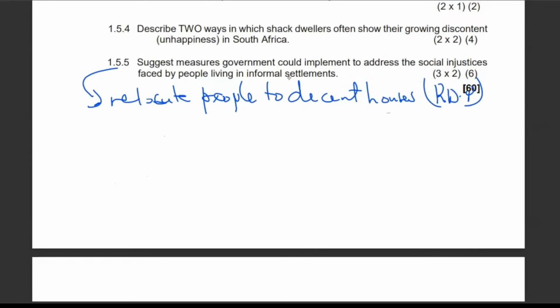So they must relocate those people to decent houses, which has been controlled by the government. The government is making all efforts to try and construct cheaper basic housing to try and accommodate people.